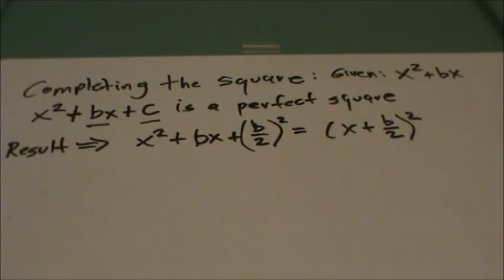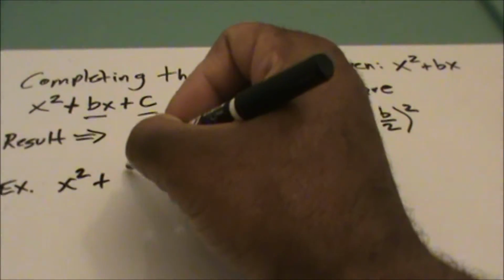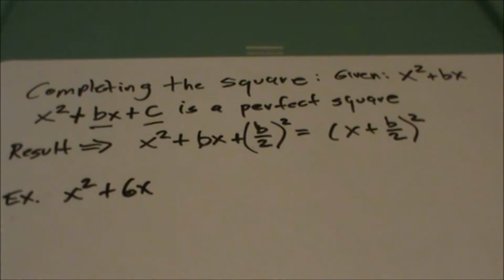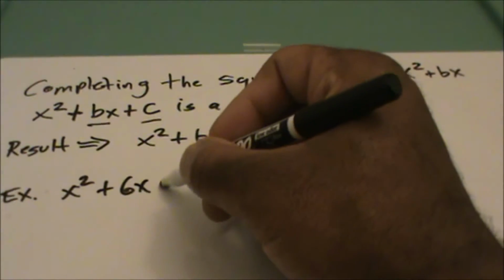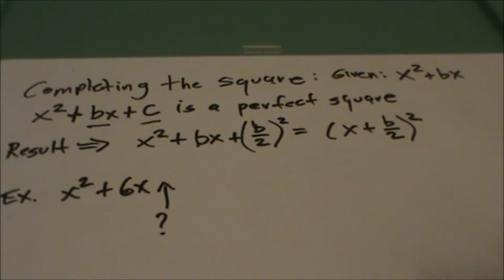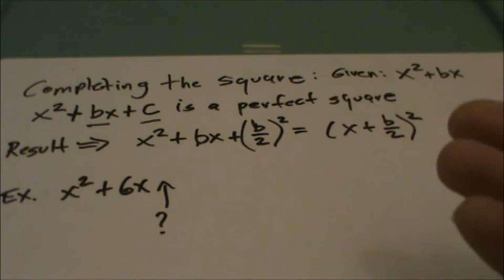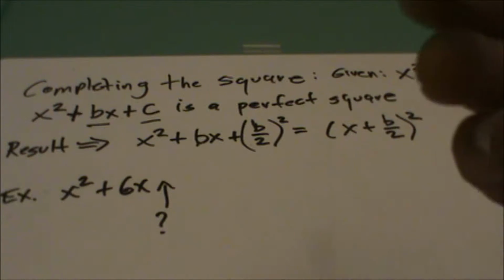For example, x squared plus 6x. You don't have a c value when you start off, but when you finish completing the square, you will find that a new value will be the c value.